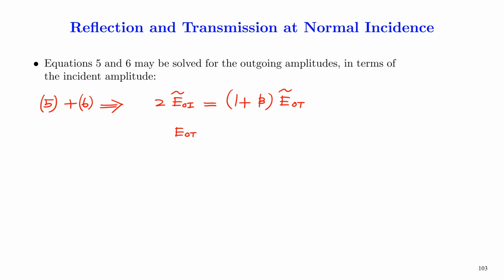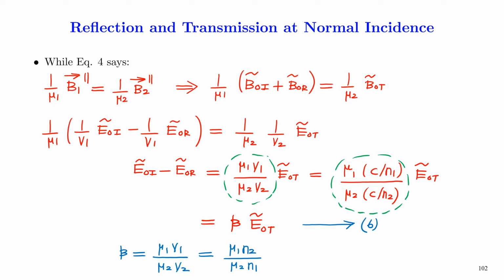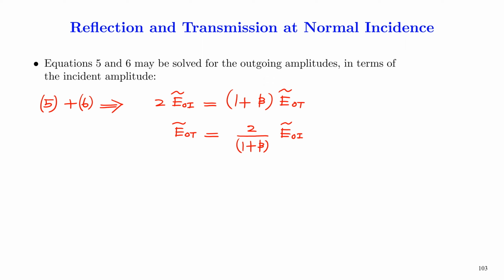And the transmitted electric field is equal to 2 over (1 plus beta) times E_0I. This equation tells us that not the entire electric field has been transmitted to medium 2, but only a factor determined by 2 over (1 plus beta). Remember that beta is dependent on the material parameters μ1, v1, n1 and μ2, v2, n2. So the percentage of the field that is transmitted will depend upon the factor beta.